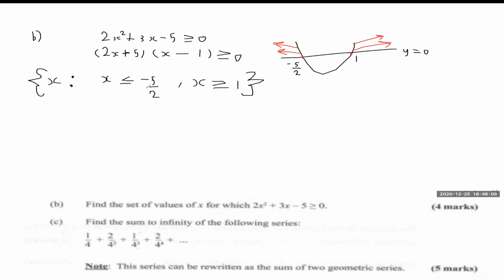That's the solution. x is either less than or equal to minus 5 over 2 or x is greater than or equal to 1. Nice and easy.